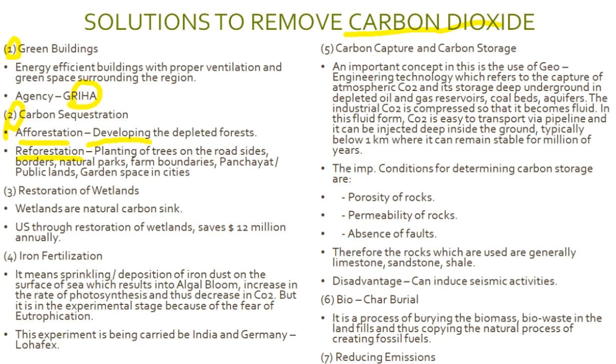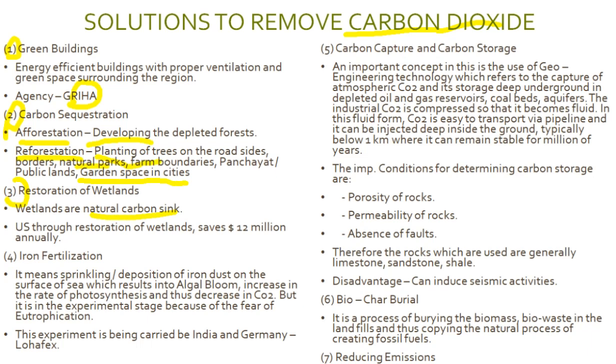Afforestation is developing the depleted forests, and reforestation is planting of trees on the roadsides, border, natural parks, farm boundaries, panchayat or public lands, or green garden spaces in cities, which is also known as social, farm, agro or urban forestry. The third one is restoration of wetlands, as wetlands are also natural carbon sinks.